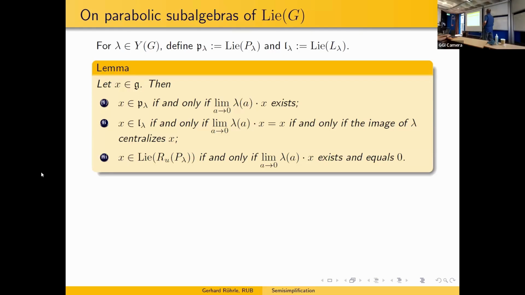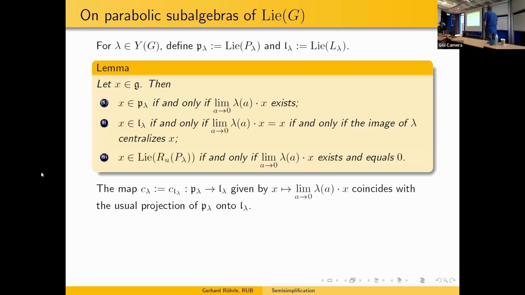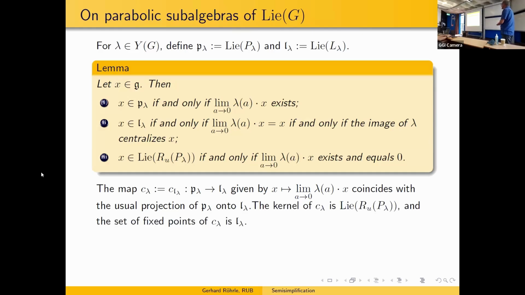Not any more complicated than what we saw before. Projecting onto little l lambda is simply taking the limit in this language. This is the usual projection of P lambda onto L lambda in the Lie algebra.